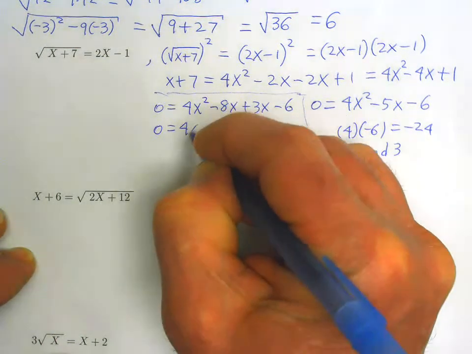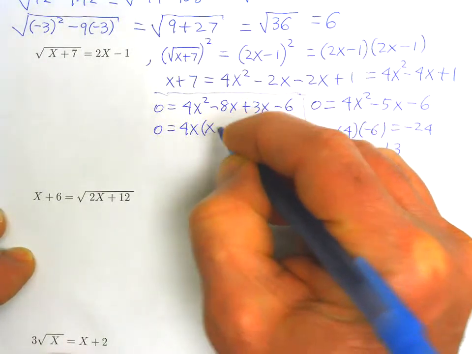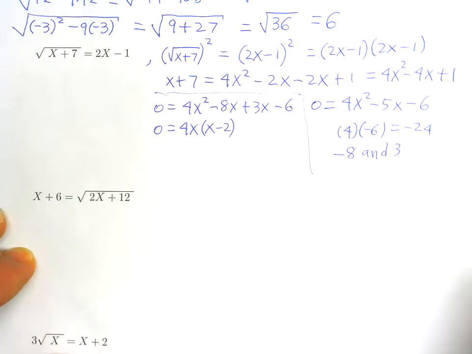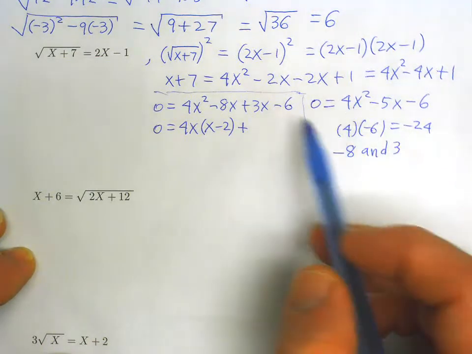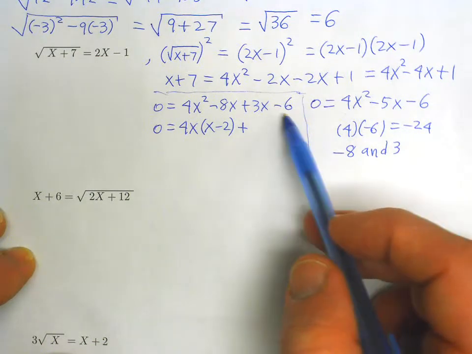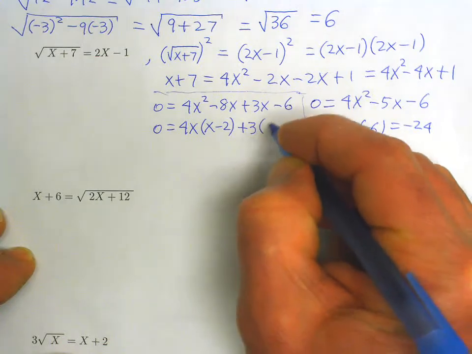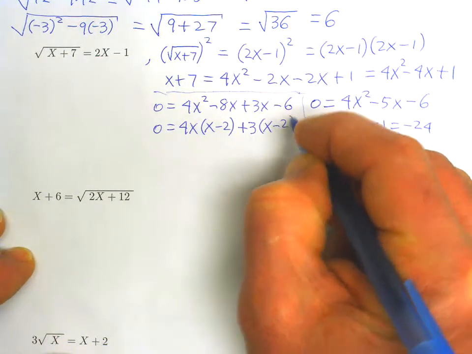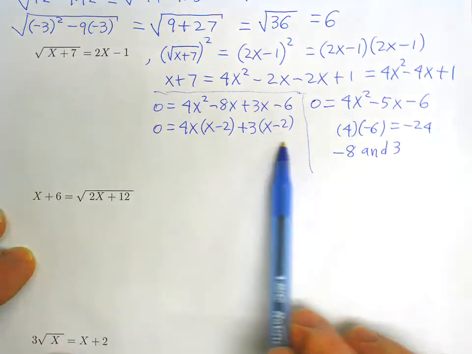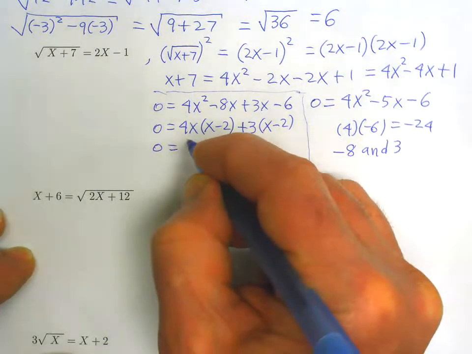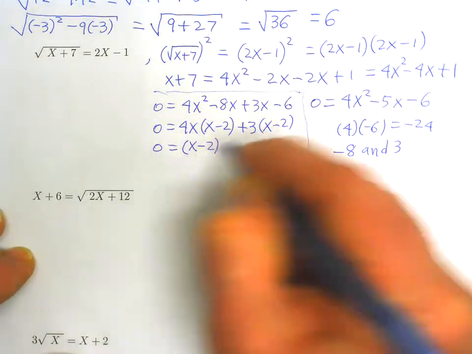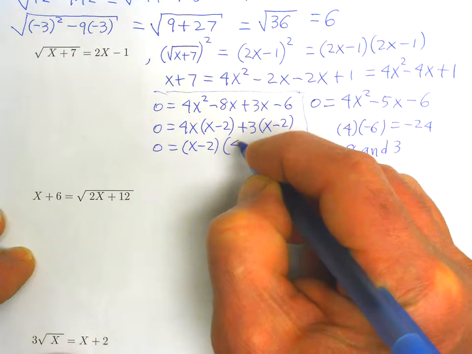So 4x times x minus 2. Bring down the middle operator of addition. And out of the third and fourth terms, we can factor out 3. And the other factor is x minus 2, just as it's supposed to be. And then finally, we can write the factorization, x minus 2 times 4x plus 3.